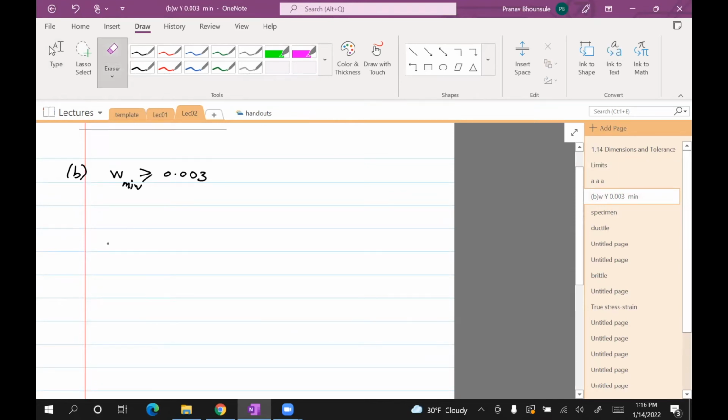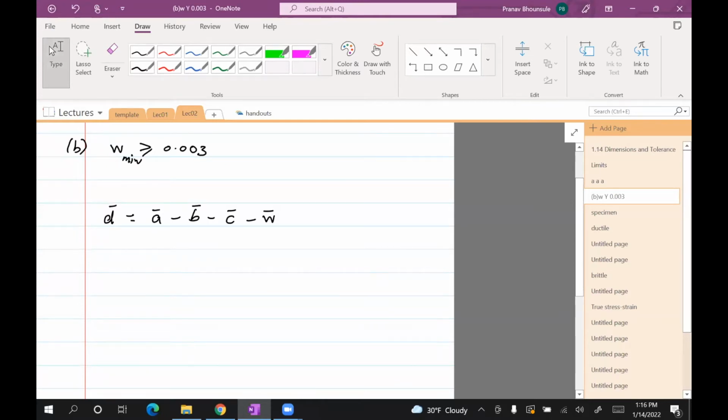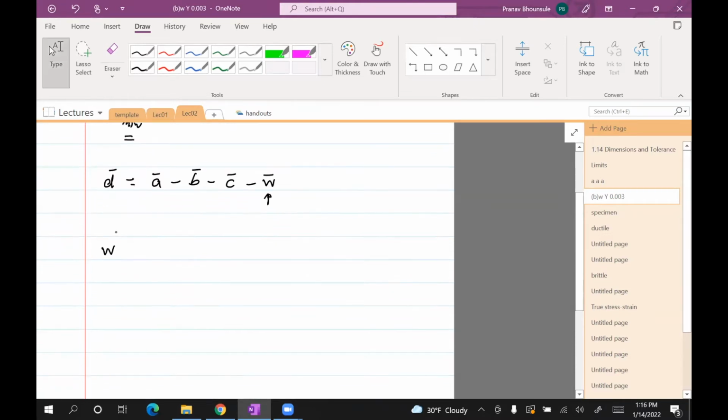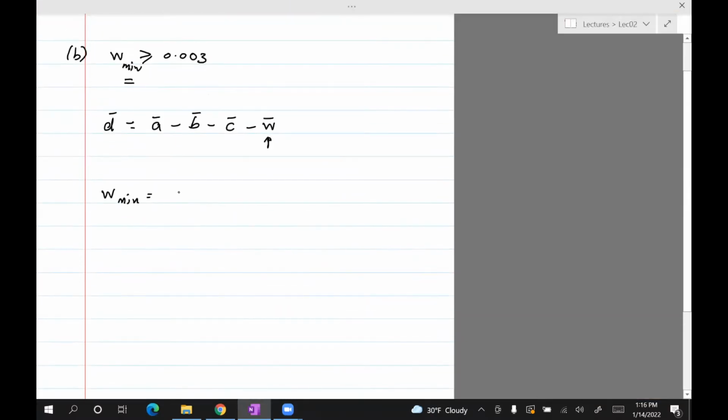So let's write the formula for D bar. It is D bar equals A bar minus B bar minus C bar minus W bar. Okay, and so if we can figure out W bar, then we can write D bar. So the question is, how is W bar related to W min? Well, W min is nothing but the nominal width minus the bilateral tolerance minus W. Right?